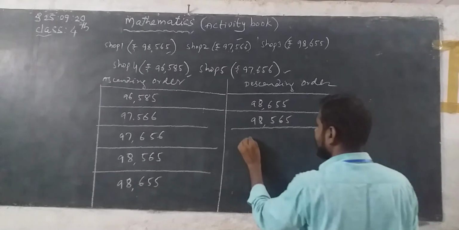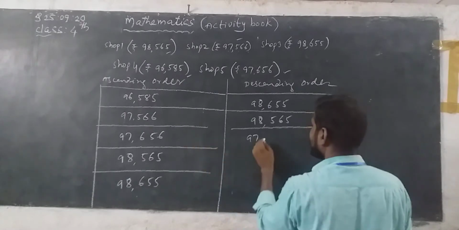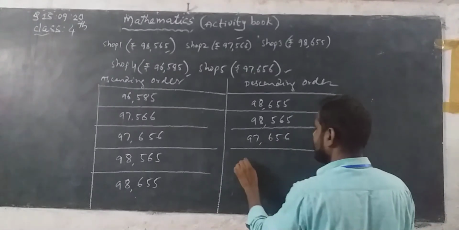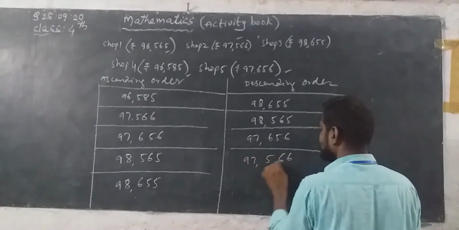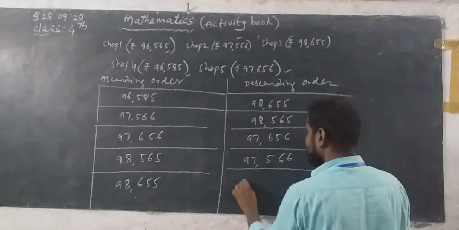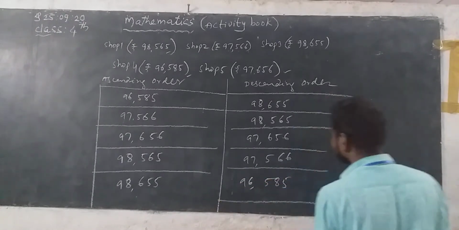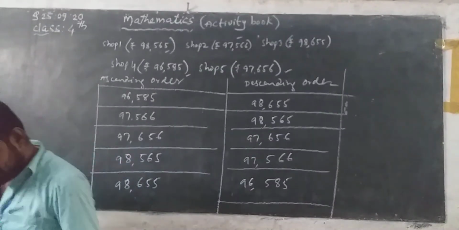Next, 97,656. Next, 97,566. Next, 96,585. Okay, then you can complete page number 19.